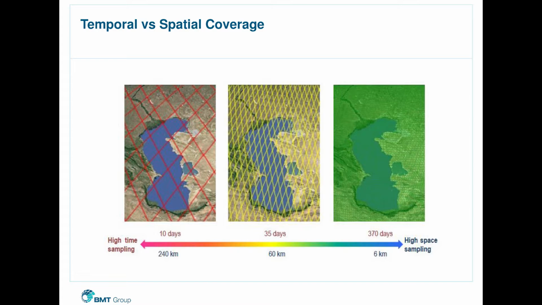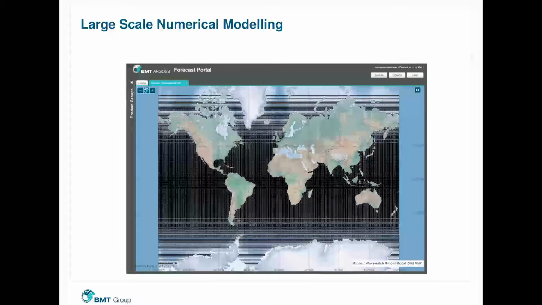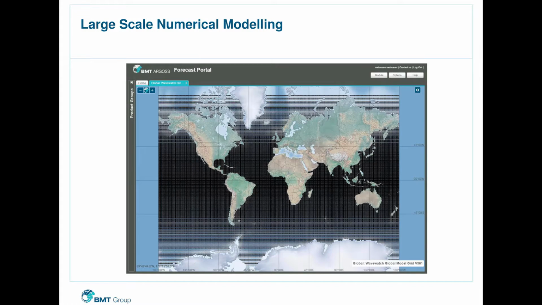So in our line of work, we use numerical modelling as a way of best harnessing the information that's available from remote sensing and in-situ measurement. So again, we start with global or regional scale models, and this is our global wave model.